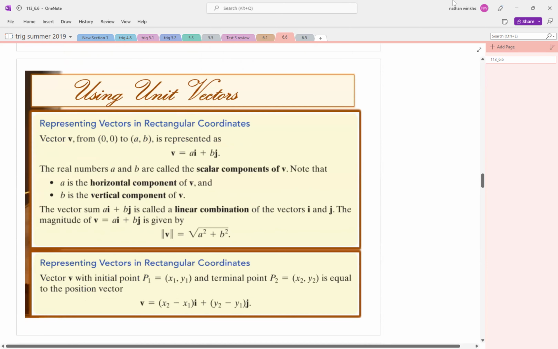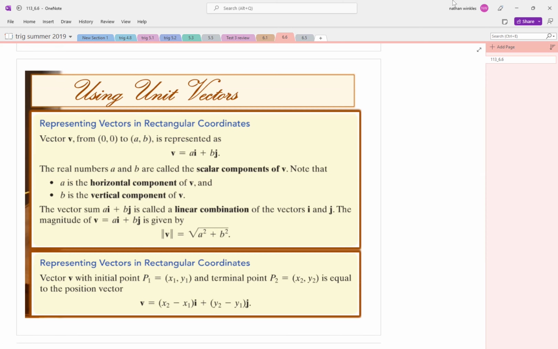So using unit vectors. We've already kind of done this a little bit in terms of the ai plus bj. So any vector v from the origin 0, 0 to any point a, b is represented as v equals ai plus bj. And we'll talk about why we know that at the very bottom there. So the real numbers a and b are called the scalar components of v.